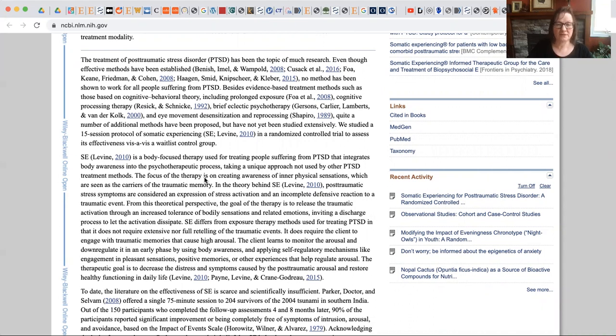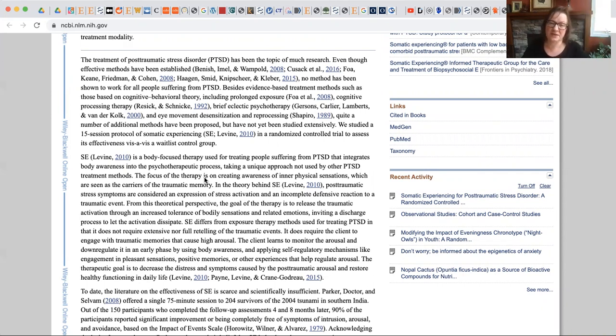The second paragraph is about somatic experiencing. This is what it is. Somatic experiencing, body-focused therapy, used for PTSD. It's unique because you're looking at body awareness integration, and you're creating this awareness of your inner physical sensations, kind of like mindfulness, really. And they're saying that the inner physical sensations are the carriers of the traumatic memory.